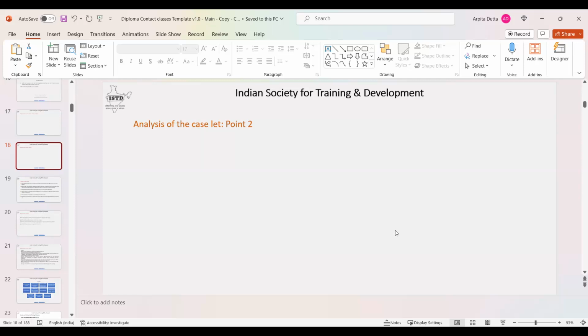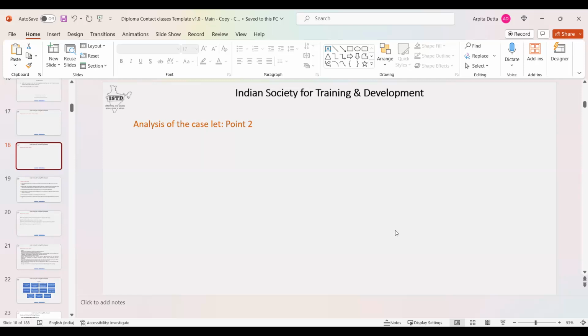About deployment, I want to elaborate a little more: it is placing the proper person in the proper post, which is important for any kind of organization. If we fail in that deployment, then the results are horrible.